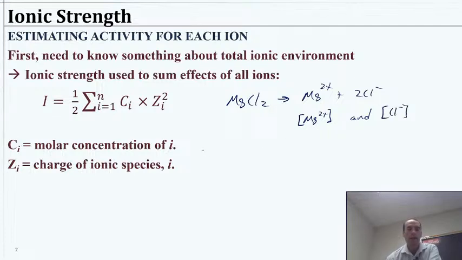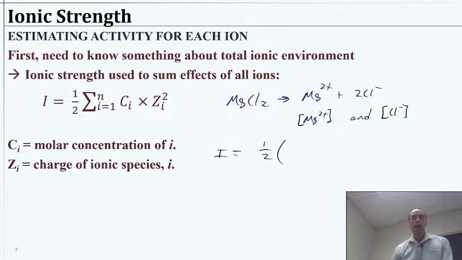So for a solution like that, our ionic strength would be 1/2 times, and we're just going to sum it using the sum here, but really all we have to do is take the charge times its concentration. It's charge squared, z squared, z is the charge. So it's concentration times its charge squared. That keeps us in positive territory, which is nice. And just do that for each species.